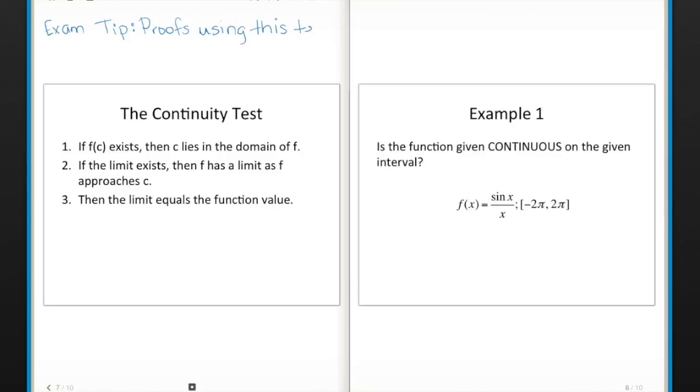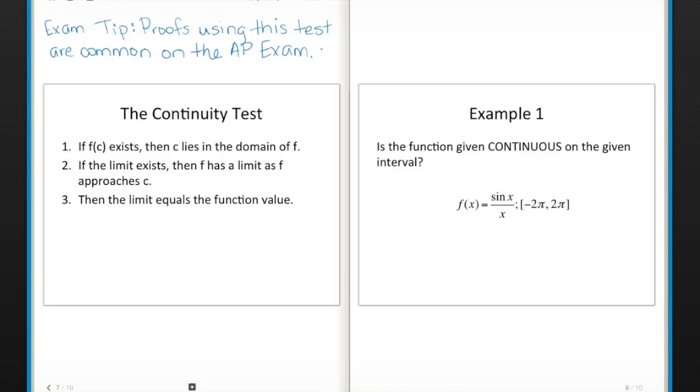And it'll be a value where you look at it at first and you're not quite sure that it could be continuous there. If you plug in a value and you get something like 0 over 0, that means that there's a little more work ahead. So please, please, please make sure you take the time to read up on the continuity test in your textbook. This is something that your textbook does a great job with. I'm going to go over a summary of it really quick.